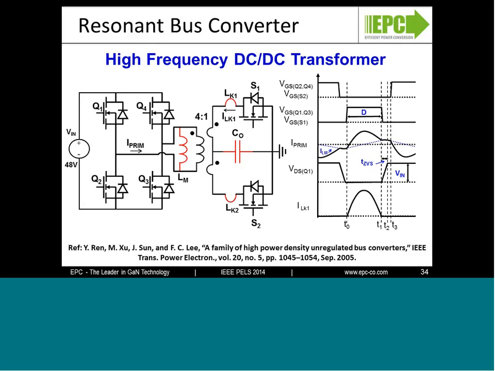What we do is we resonate the leakage inductance of the transformer with the small output capacitance, and that allows us to resonate our current and achieve zero current switching for our secondary devices, as well as limit the turn-off current seen in our primary devices. We also achieve zero voltage switching during the dead time by using the energy in the magnetizing inductance.